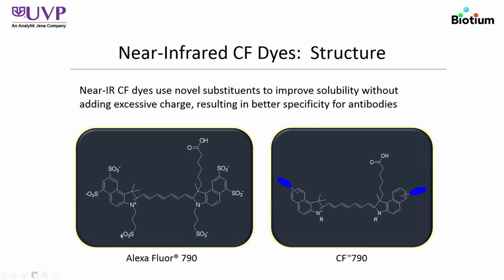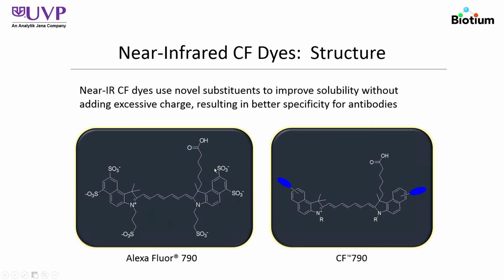The way that dye chemists have tried to solve this problem is typically by introducing several charged groups to the dye structure. In this case, for Alexa Fluor 790, you see these multiple charged sulfonate groups have been added to the dye. While this does greatly improve the water solubility of the dye, it introduces another problem. Typically when an antibody is labeled with fluorescent dyes, one antibody molecule will have several dye molecules conjugated to it.